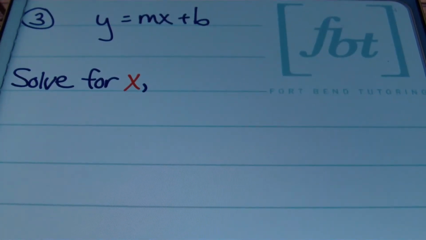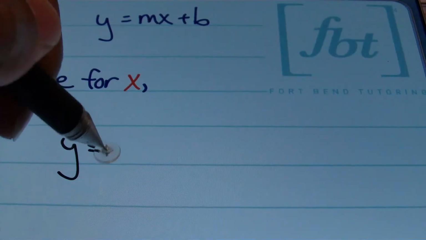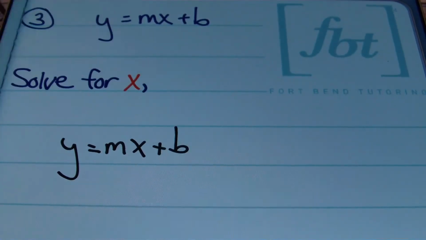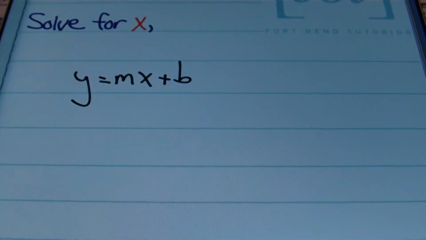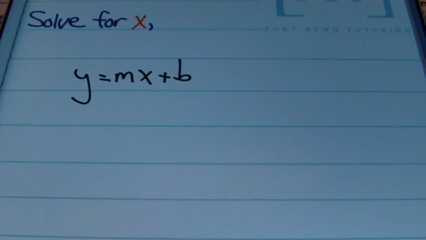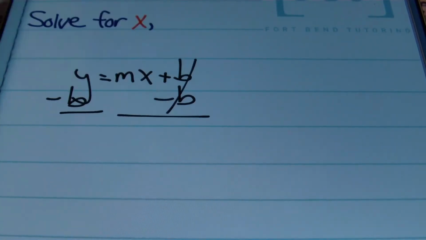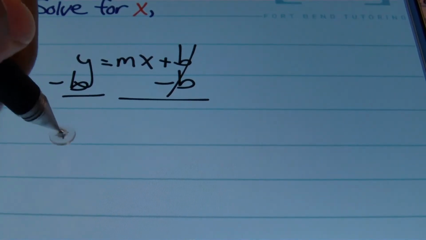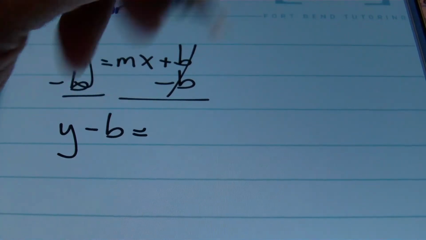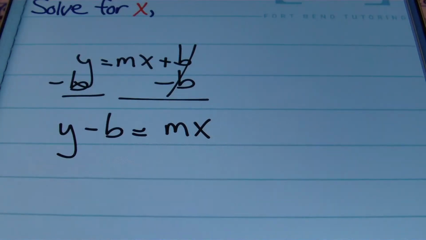So I'm going to start by rewriting the formula as y equals mx plus b, and I want to get the term that has the variable they're asking for isolated on one side of the equal sign. So that means I need to subtract b to both sides, just like that. So I'll be bringing down y minus b, which now equals mx.